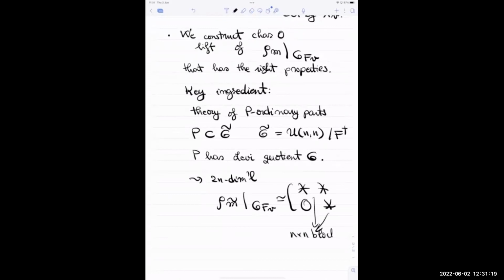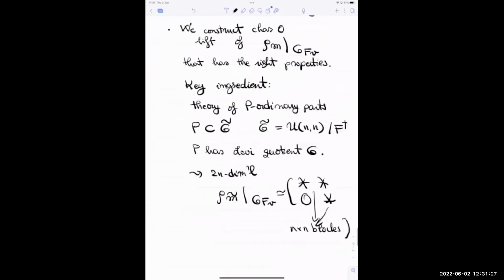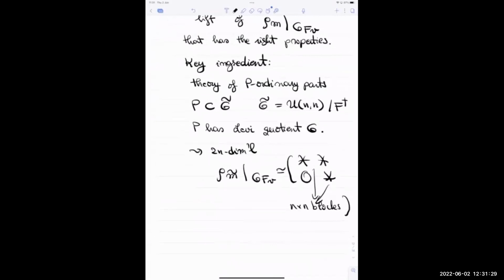And one of these blocks is a characteristic zero lift of the Galois representation rho m restricted to G_{F_v}. And it's on one of these blocks that we're able to check that we have the right properties. All right, so you want to go to lunch, so I'll stop here. Thank you very much for your attention.